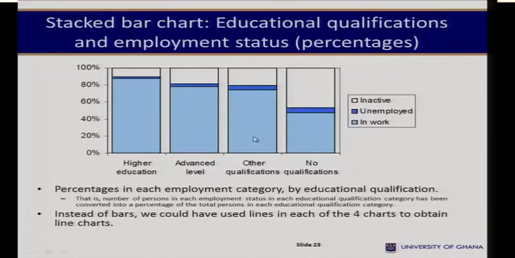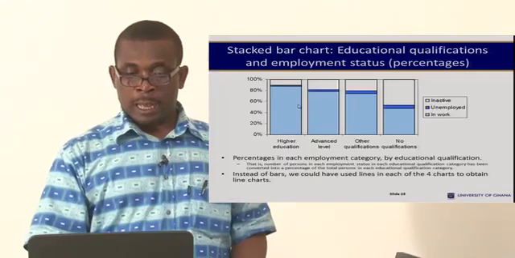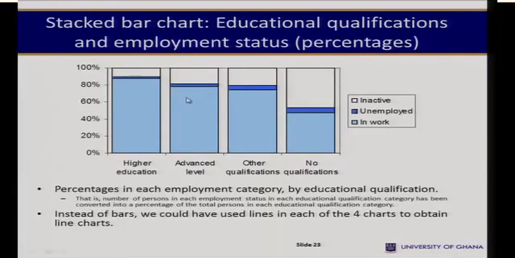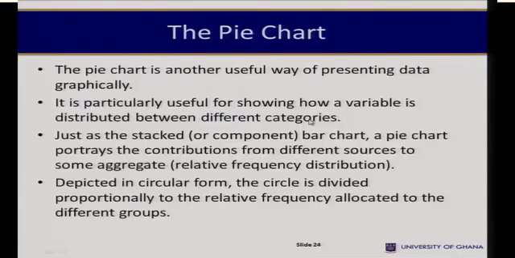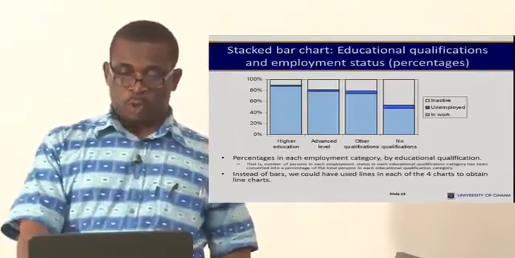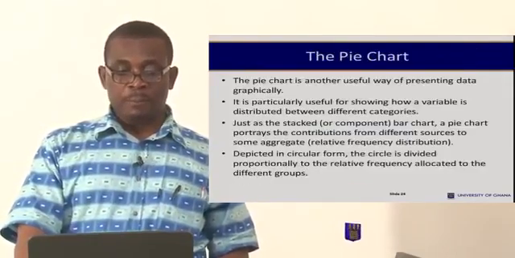But as you move through other qualification to higher education, the percentages increase. For example, about 88% of those with higher education have employment, compared to about 76% for A levels, and then 50% for no qualifications.